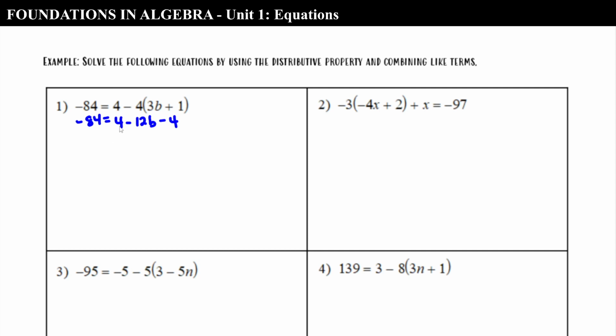Now we're going to combine like terms. We've got 4 minus 4 on this side. So 4 minus 4 gives you 0, so we don't even have to write that. We're just left with negative 12b on this side. And then we're going to divide each side by negative 12. And negative 84 divided by negative 12, you put that in your calculator, and I think you're going to get 7.